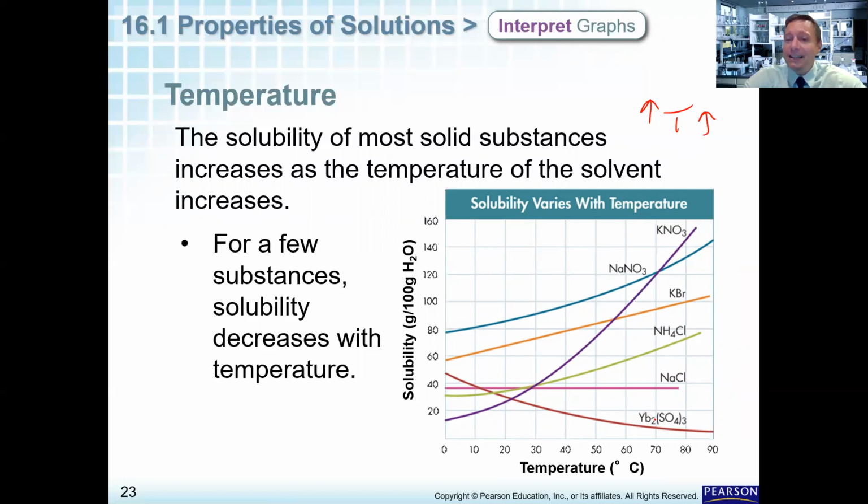That actually decreases. Look at that, how the solubility decreases as the temperature goes up. So it's actually more soluble in cold than it is in a hot solvent. So that's an exception. Look at NaCl. It pretty much is constant. It doesn't matter if the temperature is increased. It just holds constant. And that's grams per 100 grams of water.